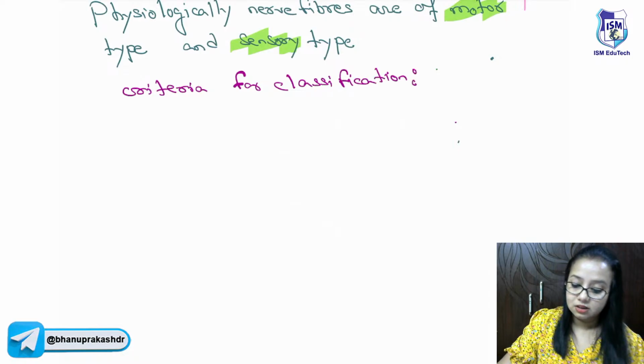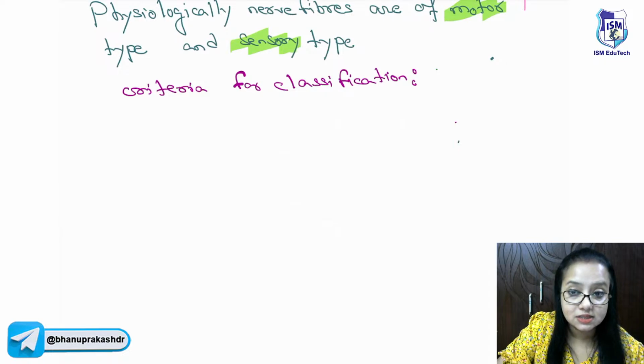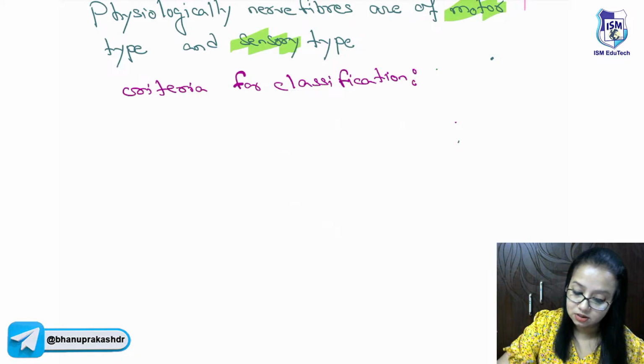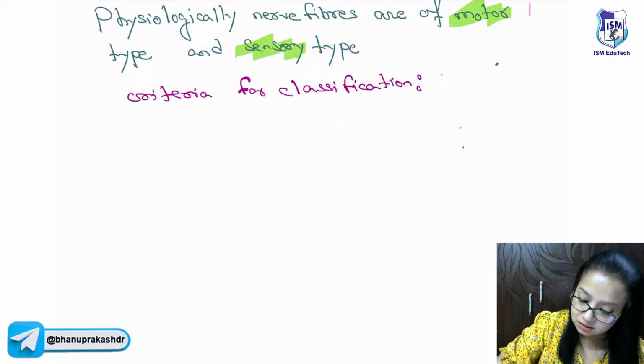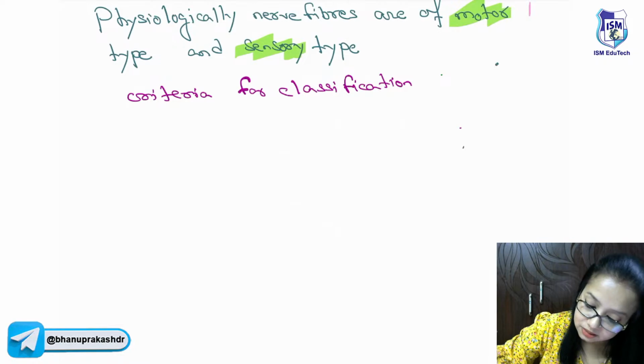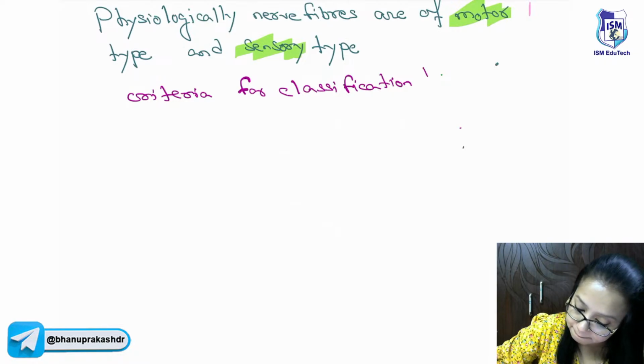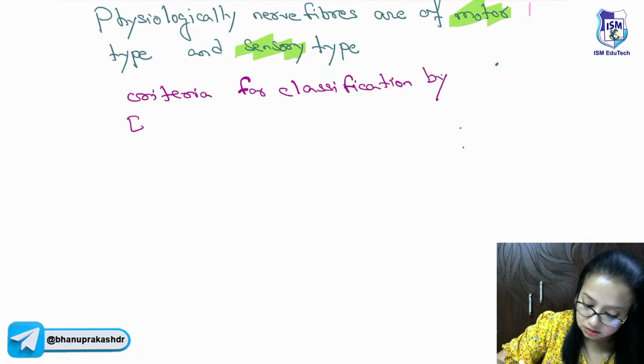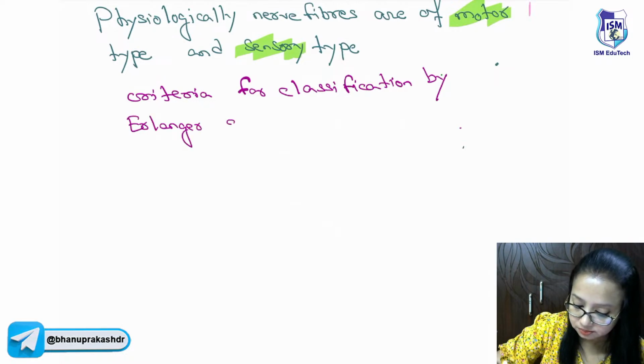First, the reported classification was done by two scientists, Erlanger and Gasser. Classification by Erlanger and Gasser.